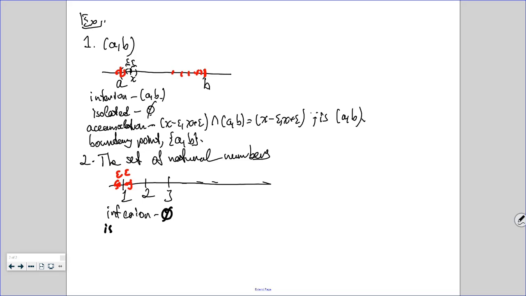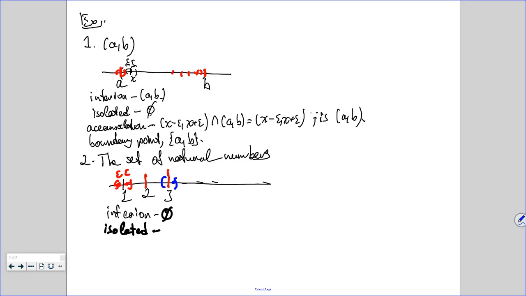Now let's look at isolated points. Isolated points are points such that if we take some epsilon neighborhood and intersect it with the set, it gives the same point. In our case, you can see that whatever point we take and intersect with the natural numbers, which in our case let's call n, then the intersection gives n itself.